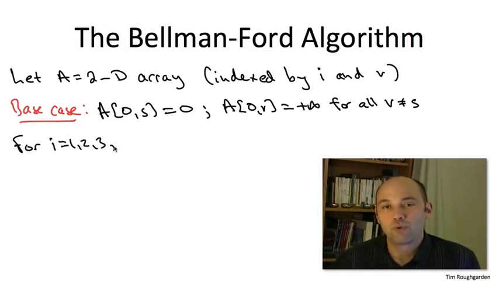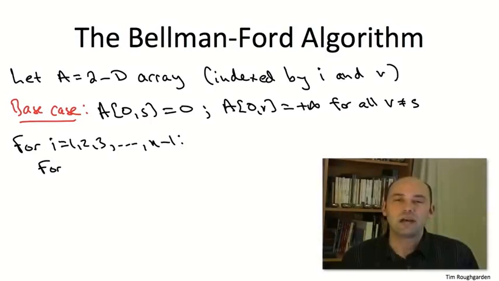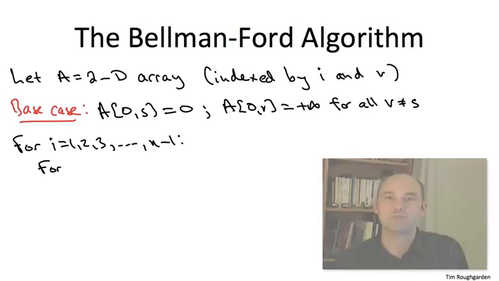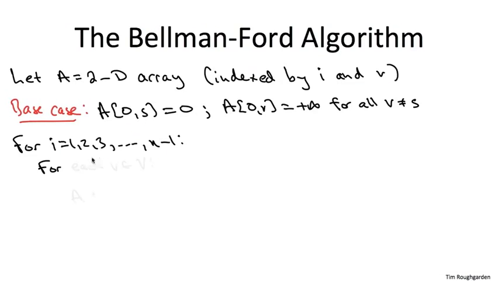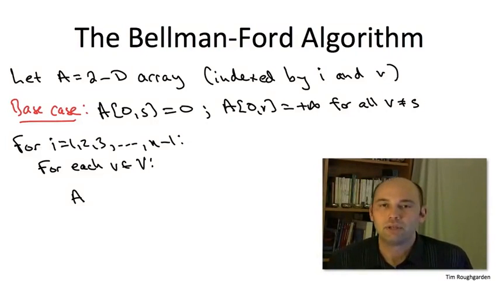That means the outer for loop should be indexed by the subproblem size I. So as we discussed, we're not going to bother letting I range above n minus 1. That's going to be sufficient in the case where there are no negative cycles. And for each choice of I, we solve all of the corresponding subproblems, all destinations V. For each choice of I and V, of course, we just write down in code the formula that we stated in the recurrence.